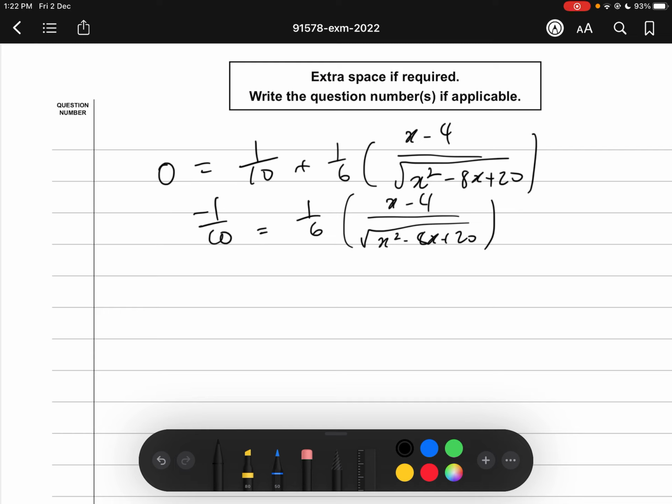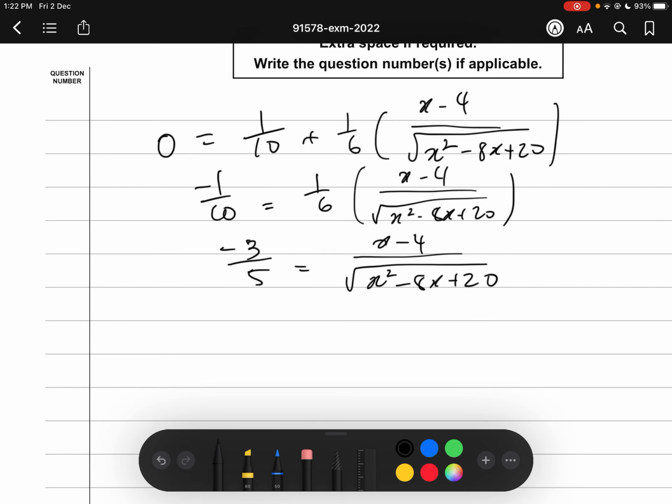And if we multiply both sides by 6, we'll get -3/5 equals x minus 4 divided by the square root of x squared minus 8x plus 20. So let's move the square root to one side. So we have -3/5 times the square root of x squared minus 8x plus 20, that is equal to x minus 4.